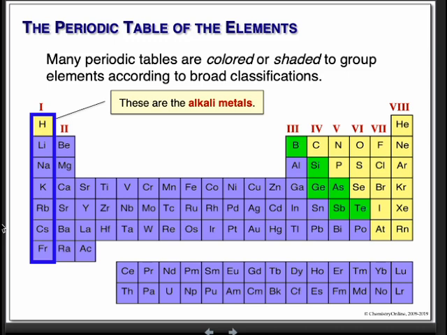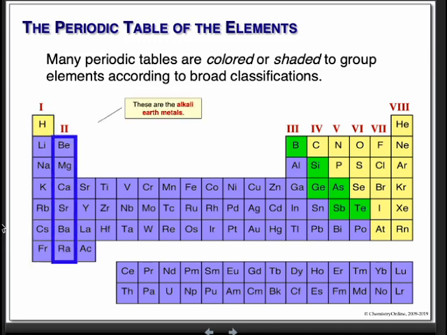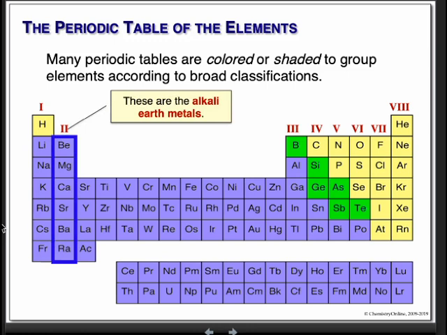But these are all very reactive metals, just like the halogens are very reactive nonmetals. Next to it, we have a semi-reactive group: beryllium, magnesium, calcium, strontium, barium, and radium. The alkaline earth metals, they're called. Again, they're fairly important. We use them a lot. Any questions?